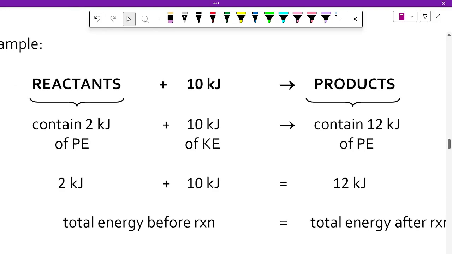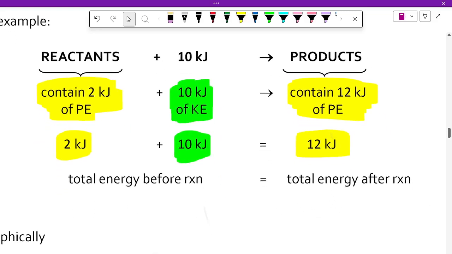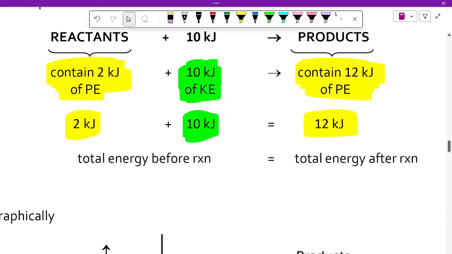We've got our potential energy here. We got our potential energy here. We got our kinetic energy here. Well, that's what we did here, right? Yeah, we did that there. I've just got it over here, but the two are the same. Total energy before is equal to the total energy afterwards. And we can graph this on a potential energy diagram.